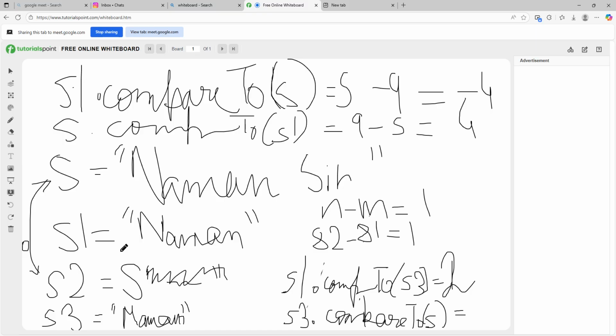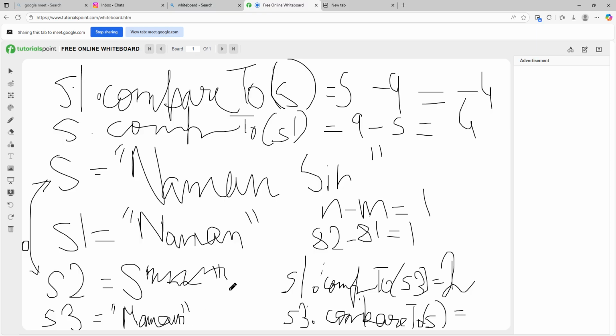So it will just check the first 5 letters. S3 is "maman" and s is "naman sir", so the first 5 letters are "naman". Here the difference is 1, because 82 minus 81 is 1. Then this a is the same, this small m is the same, a is the same. Then small n and small m.